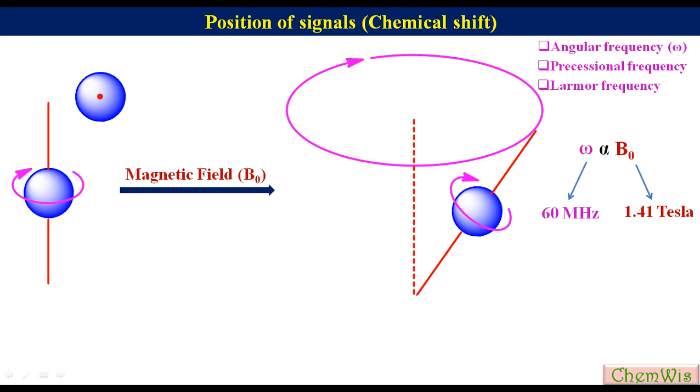Since the nucleus has a charge, the precession generates an oscillating electric field of the same frequency. In NMR, we use magnetic field as well as radio frequency waves.